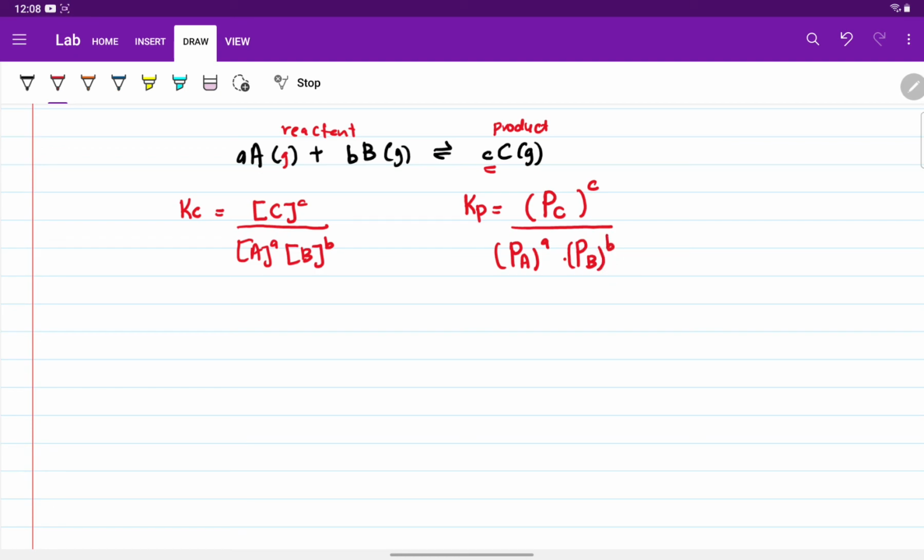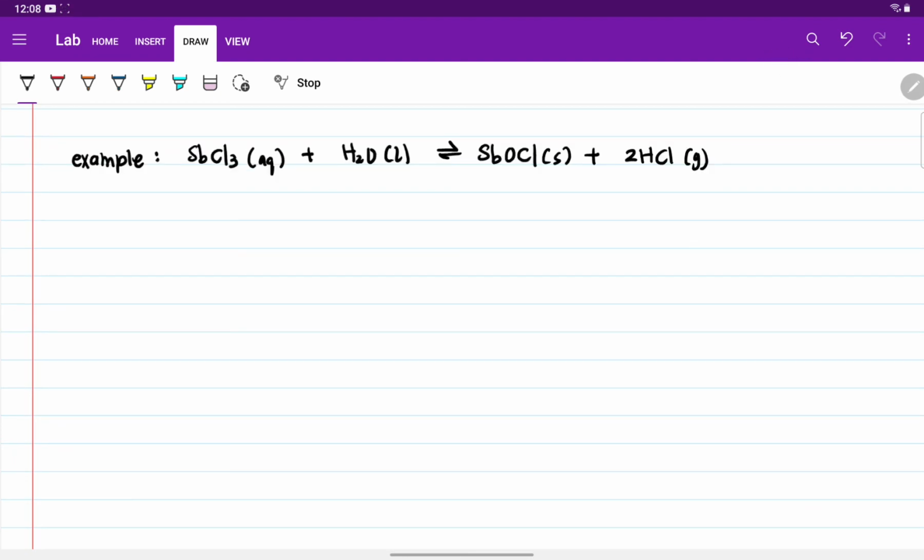Kc and Kp expression. Okay, now let's take a look at another example. Okay, so for this one, first kita nak tulis kita punya Kc expression, kemudian kita nak tulis kita punya Kp expression dekat sini.